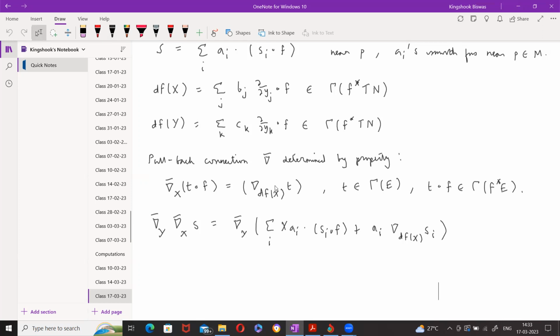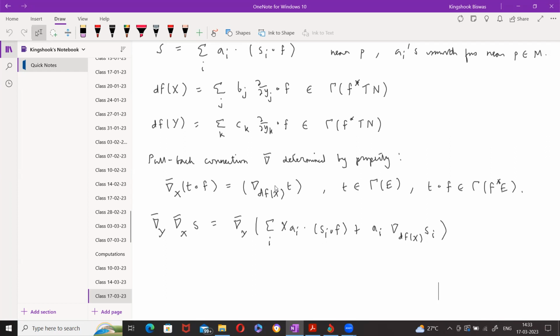Sir, I have a question. Is this df of X a vector field on N? No, it is a section of f star TN. But what this means is pointwise.